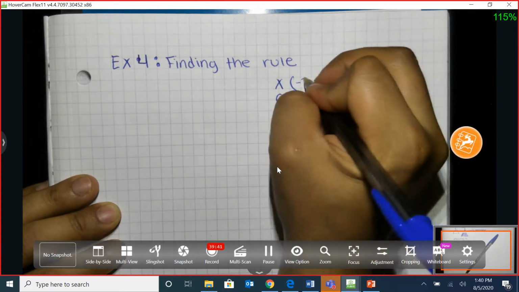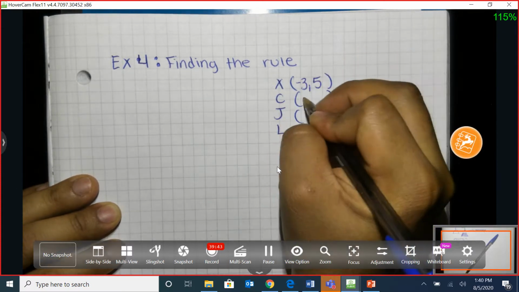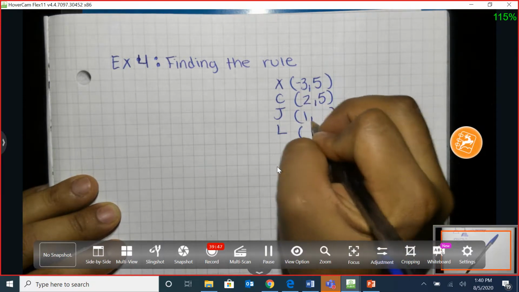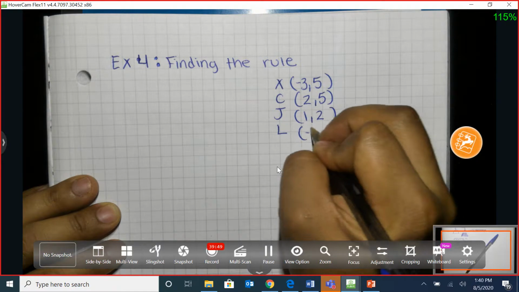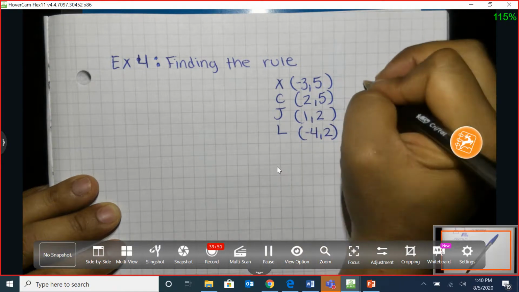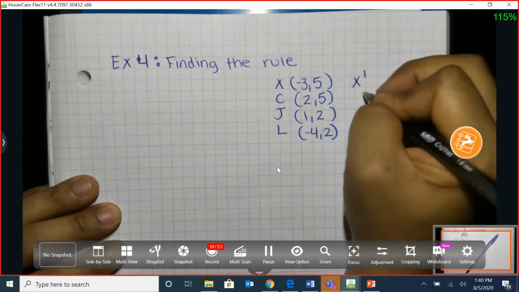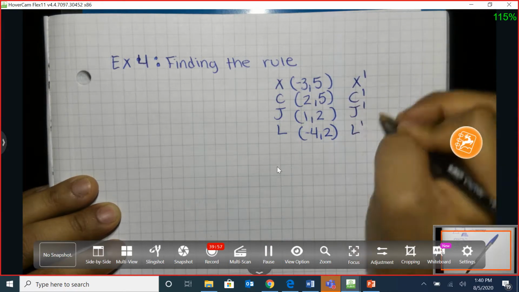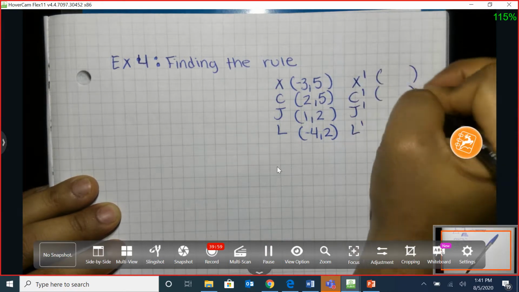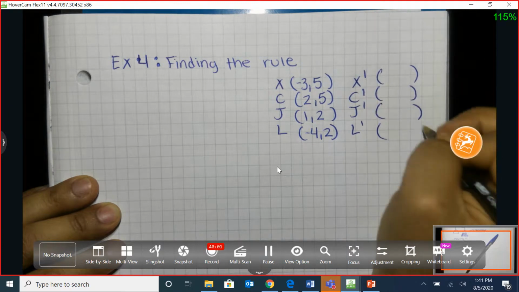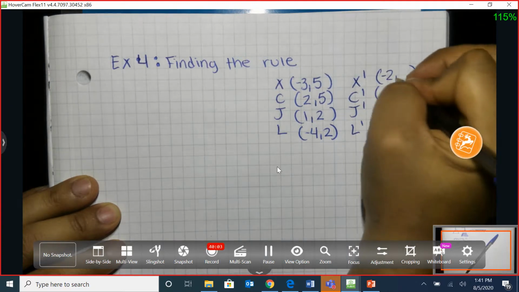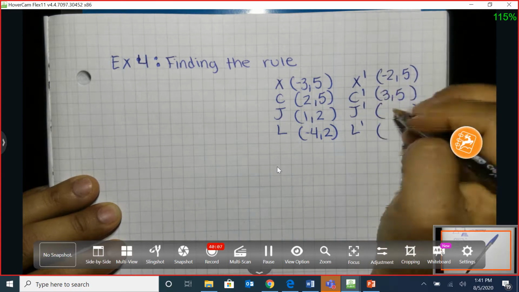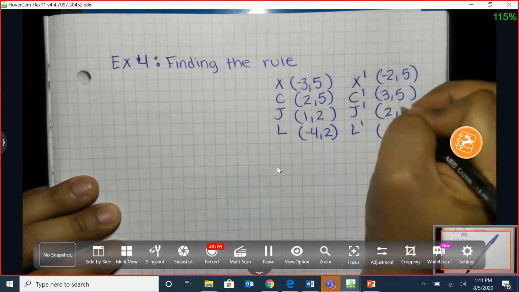That is located at negative 3, 5. And then you have your prime ones. These are the points that appear on your PowerPoint. All I'm doing is giving it to you so that it's easier for you to graph it on your own graph.